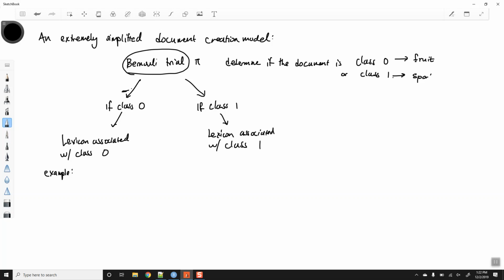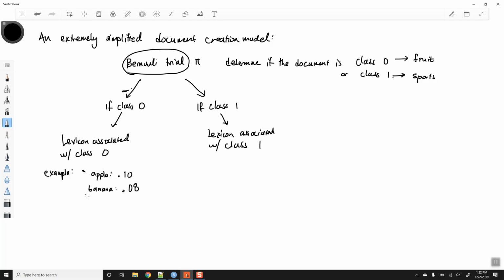I don't know. If it were class 0, we might have the word apple appear with probability 0.10 and banana with probability 0.08.